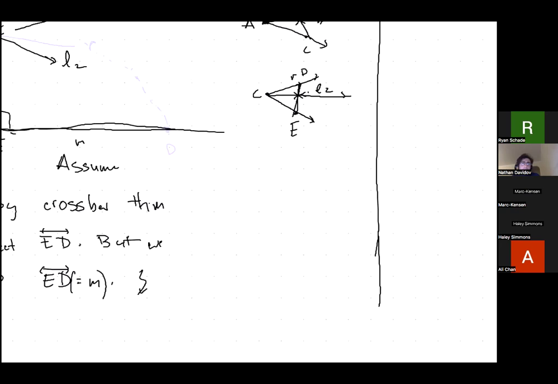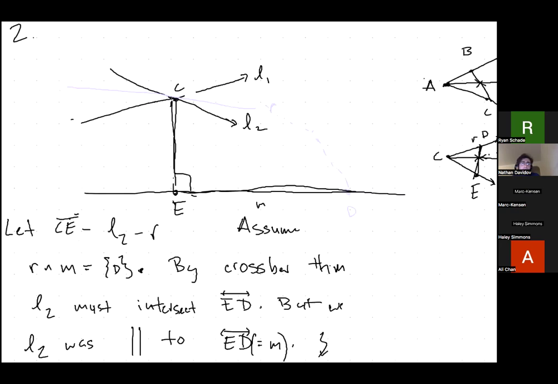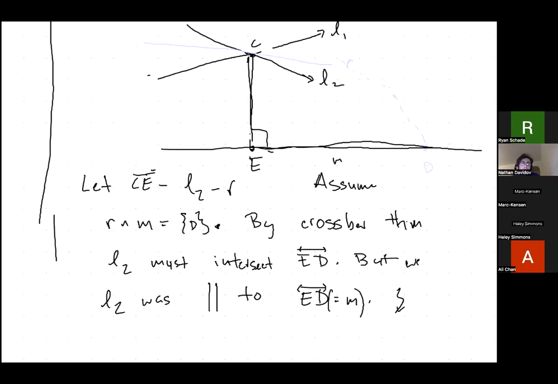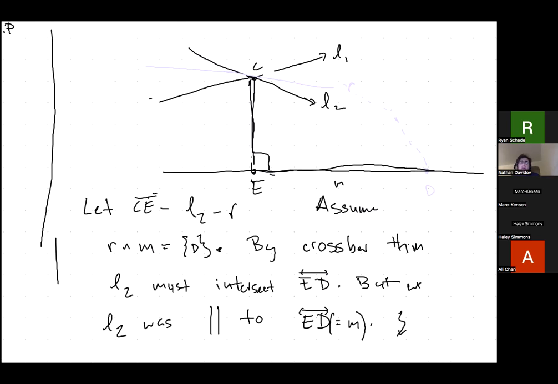Wait, before you move on, so then to say that there can be infinitely many, you just say there are infinitely many interior points that you can find? No, that's not necessary. You just need one. You're proving that there are infinitely many parallel lines, but the way we're doing that is we know that we have 2.